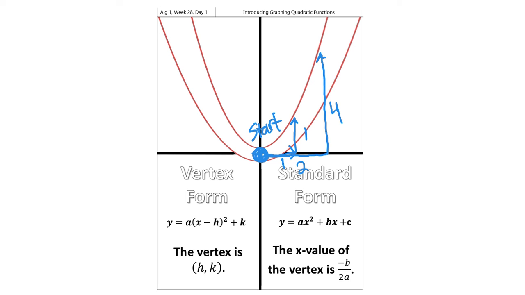And then we do the same thing on the other side, out 1, up 1, and then out 2, and up 4. If we wanted to keep going, we could, because we could go out 3, and then that would be up 9. But this is the shape that a parabola takes. We can make it stretch or shrink or be upside down, but it's still going to have this pattern happening to it. And we're going to look at that in detail. This is just kind of the starting info that you need.